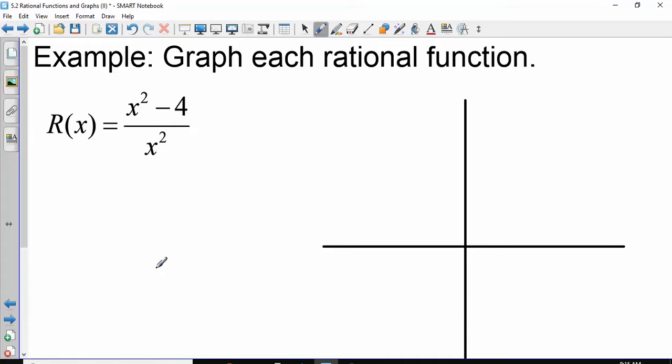So second one, x squared minus 4 over x squared. So the first step is just to factor. X squared minus 4, how would you break that down?